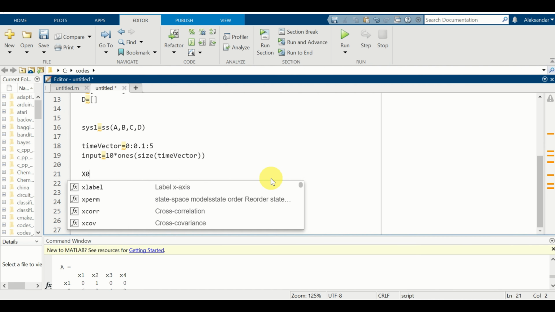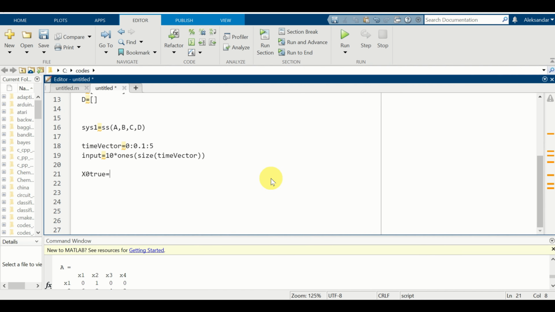I will call the initial state x0 true, and the initial state will be the following one: 3, 1, minus 3, and minus 2. S1 is 3, S1 dot is 1, S2 is minus 3, and S2 dot is minus 2.